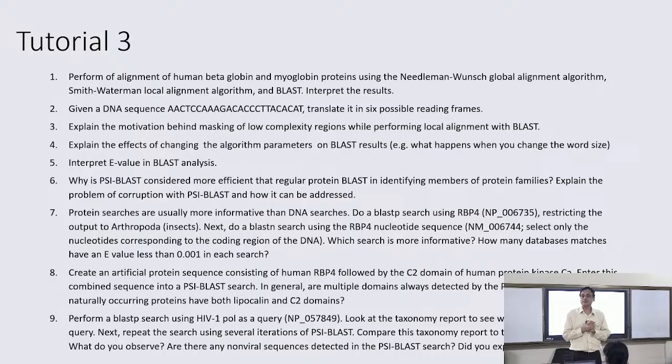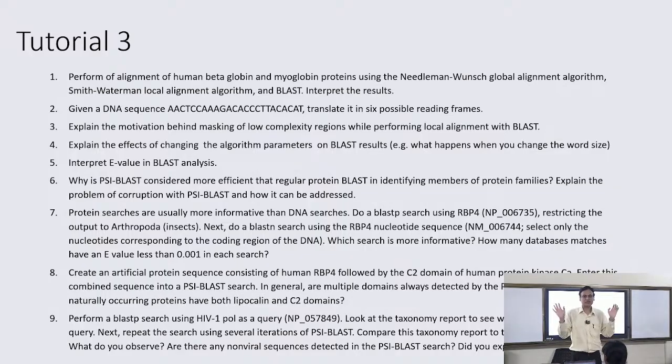So get these two sequences and then use these programs, Needleman-Wunsch algorithm, Smith-Waterman algorithm, and BLAST to align these two sequences. Okay. So first, go to Google and search for Needleman-Wunsch alignment algorithm.